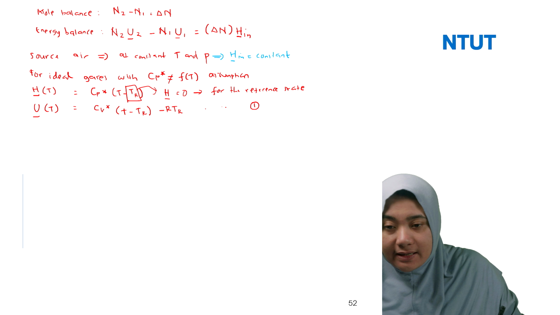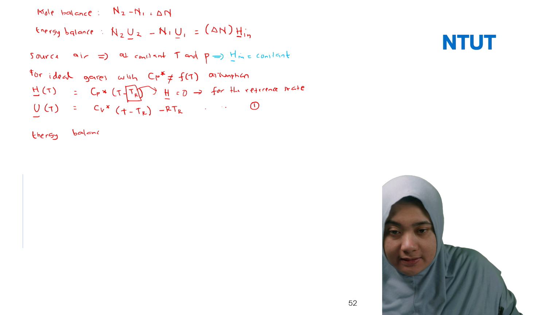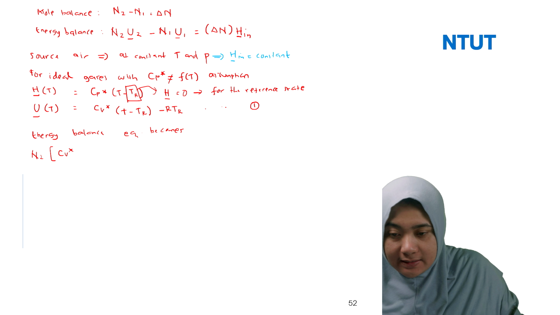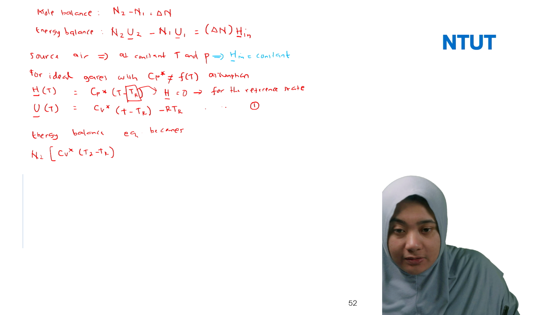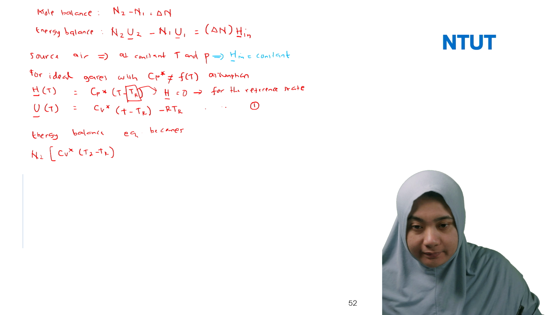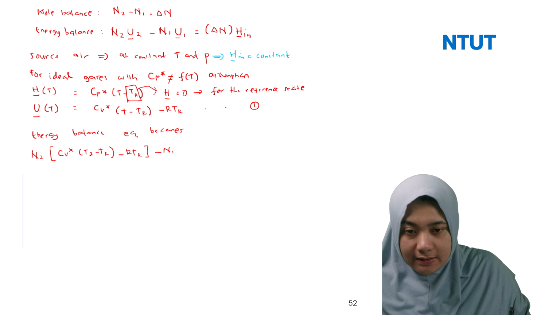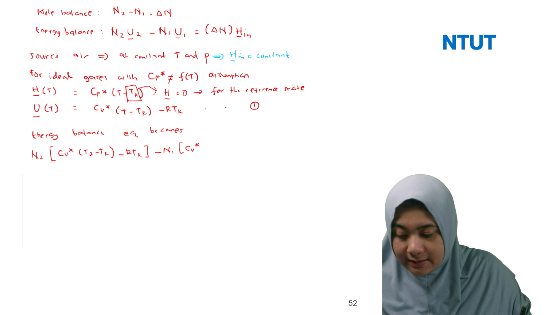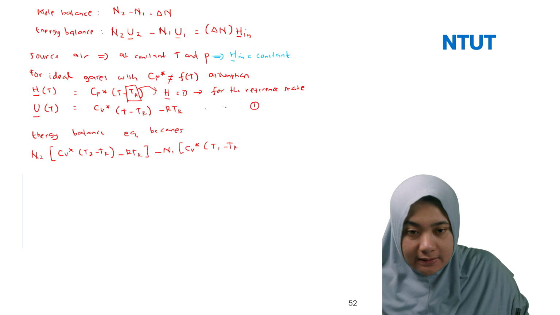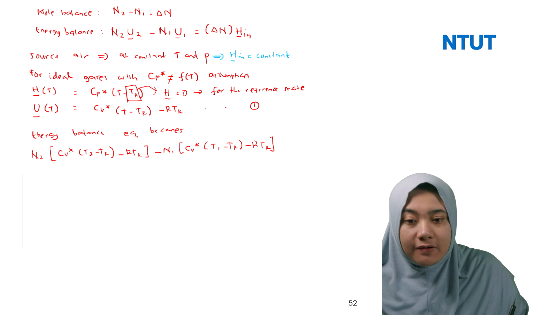And then we can use the energy balance equation, which becomes N2 Cv asterisk (T2 minus Tr) minus R Tr, which is U2, minus N1 Cv asterisk (T1 minus Tr) minus R Tr. Okay, where does this equation come from?